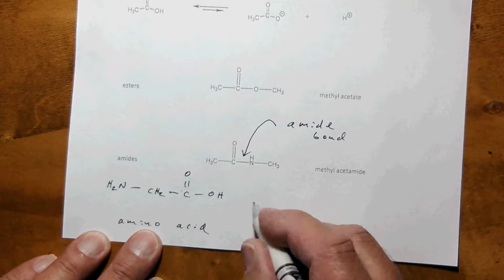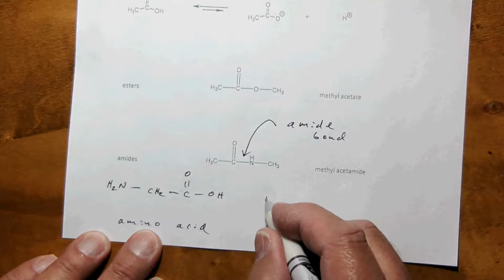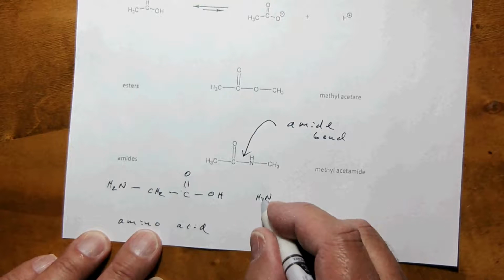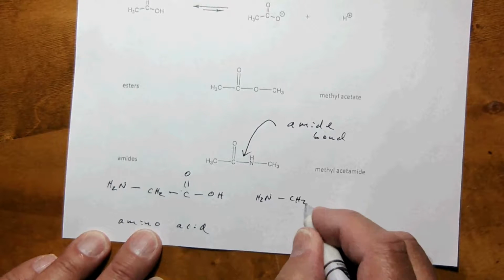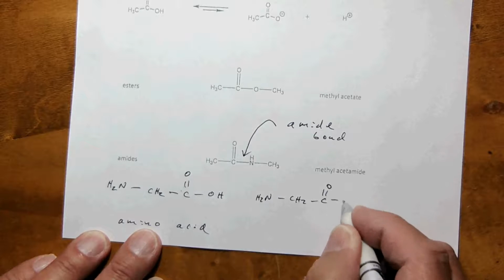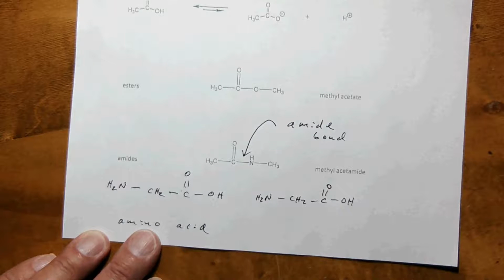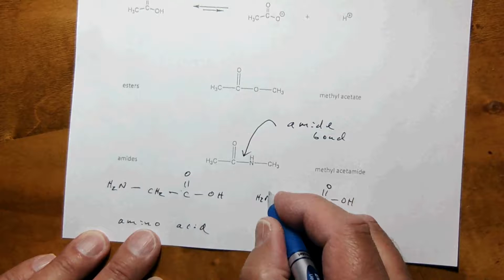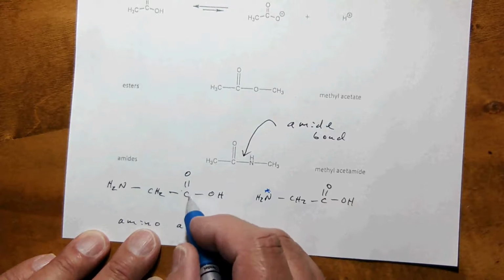So if I had another one of these, I had NH2, CH2, C double bond O, OH. I could get this nitrogen to plug into that carbon.